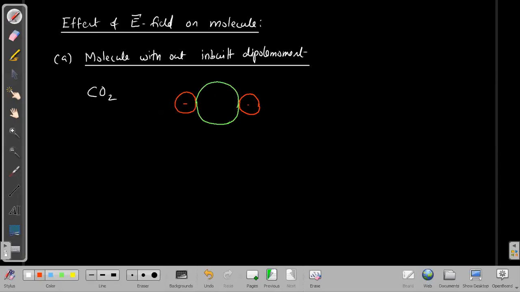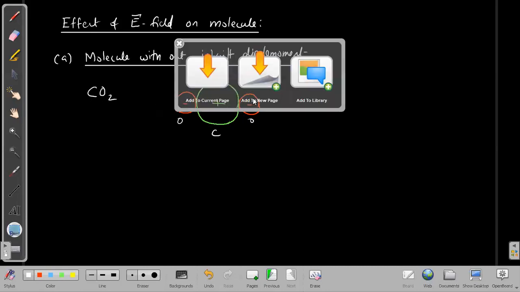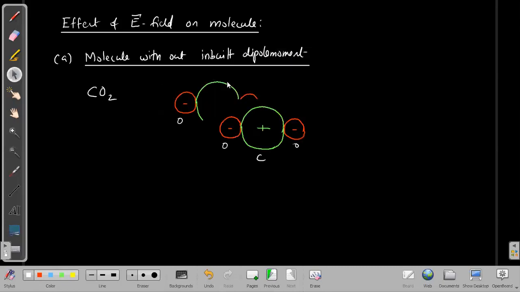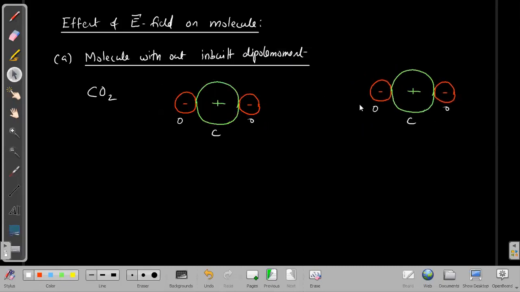Oxygen will be negative and the carbon would be positive. So oxygen, carbon, oxygen. This molecule will not have any inbuilt dipole moment. Now if we apply some electric field, suppose along this direction, what would happen?